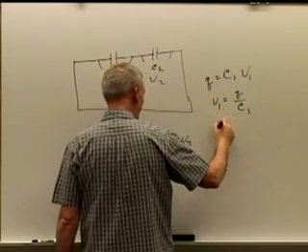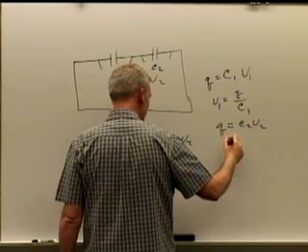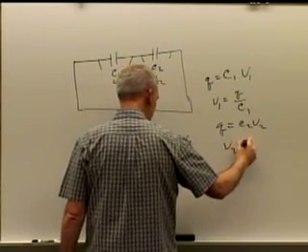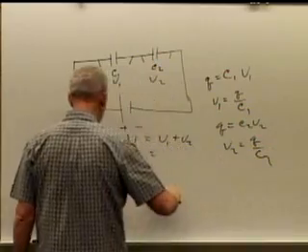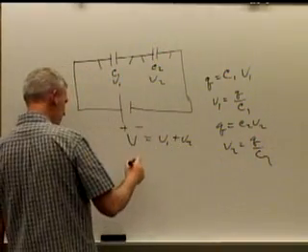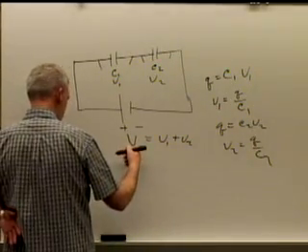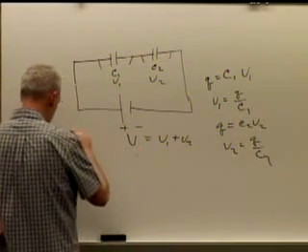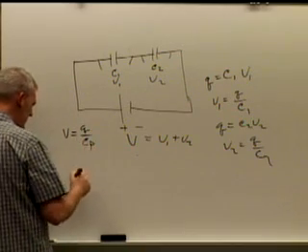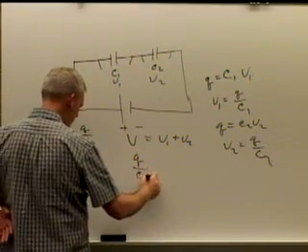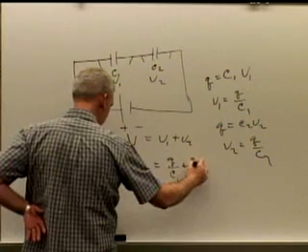This is the same mistake I made before. Q equals C2V2, and V2 then equals Q over C2. So this is what I'm trying to get. So I get V then, which equals Q over CS. Q over CS in series equals Q over C1 plus Q over C2.